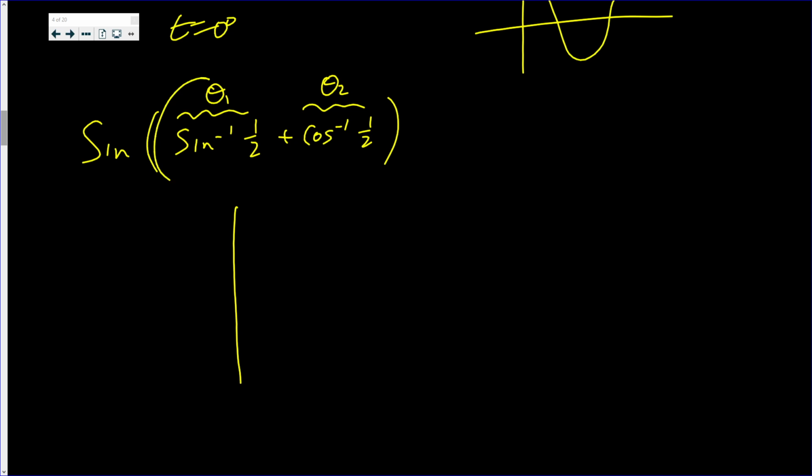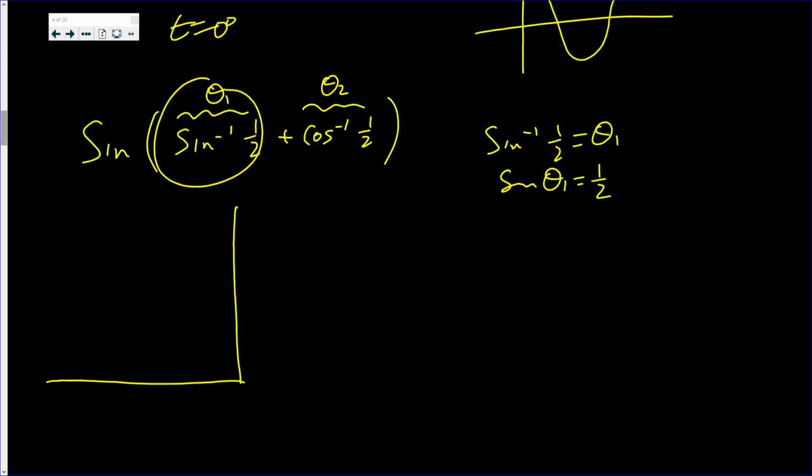We know from this first statement that the sine inverse of a half is equal to theta 1. That means that the sine of theta 1 is a half. So here's theta 1 in a right triangle, opposite over hypotenuse.